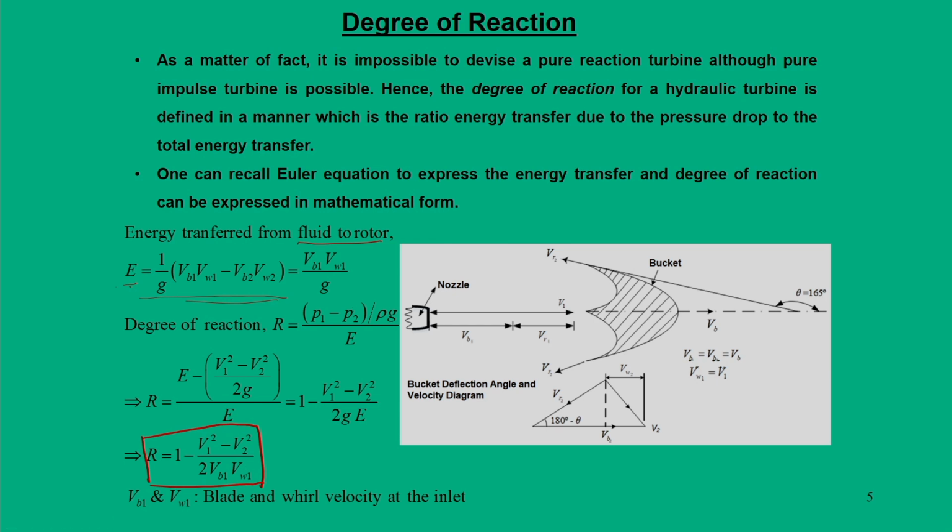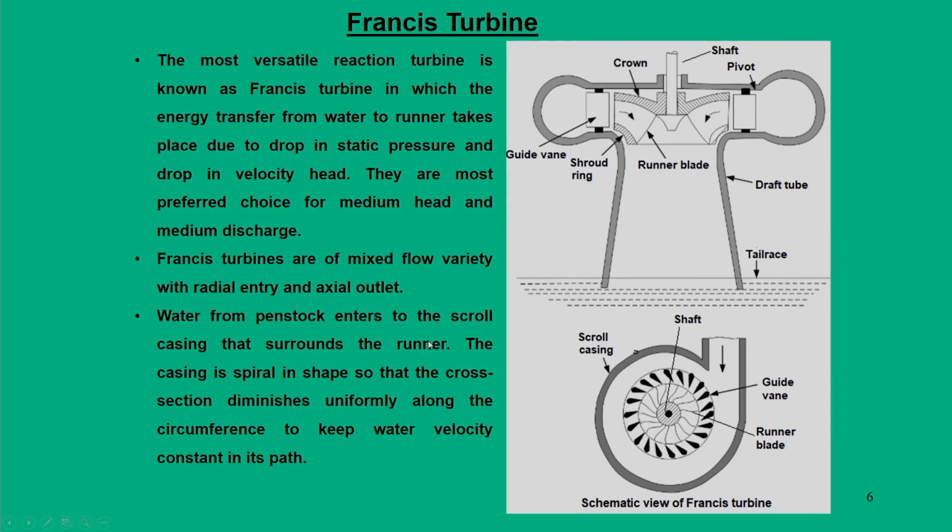This expression is normally used for a mixed flow type of turbine or a reaction turbine. We have said that there are no pure reaction turbines, so there has to be some component in which the energy is transferred due to both pressure head as well as velocity head.